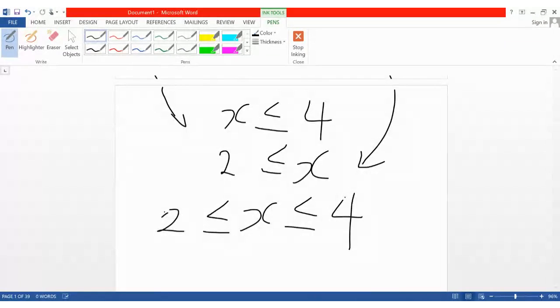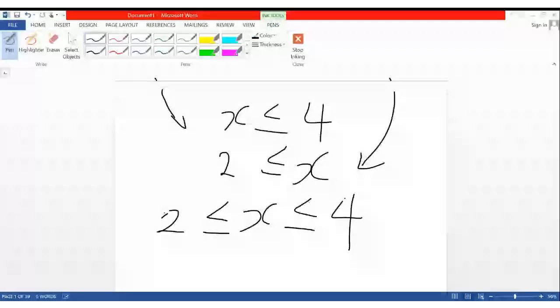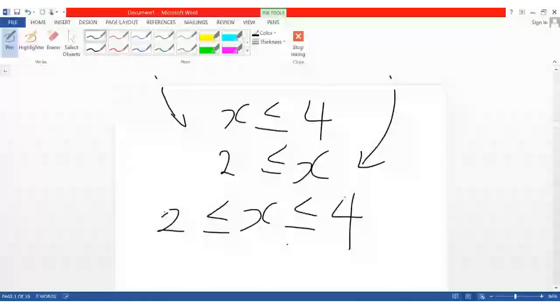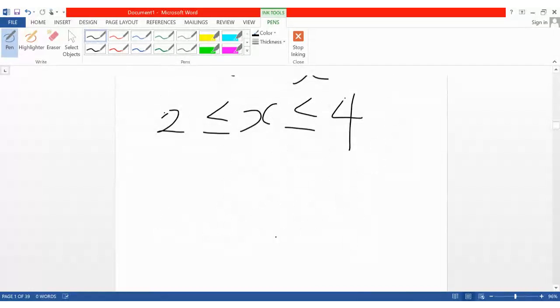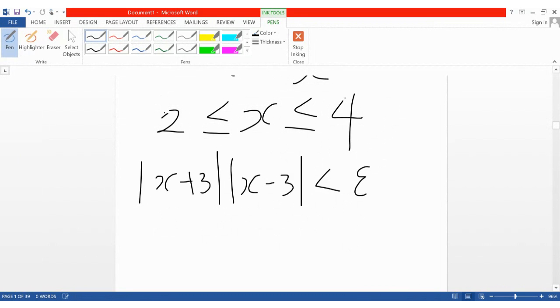We had magnitude of x plus 3, less than epsilon. The other, magnitude of x minus 3, is less than what? Delta. That's what we had. And we said we introduce a delta less than 1 to assist us to do what? To replace this one. So our main task is to replace this one here.